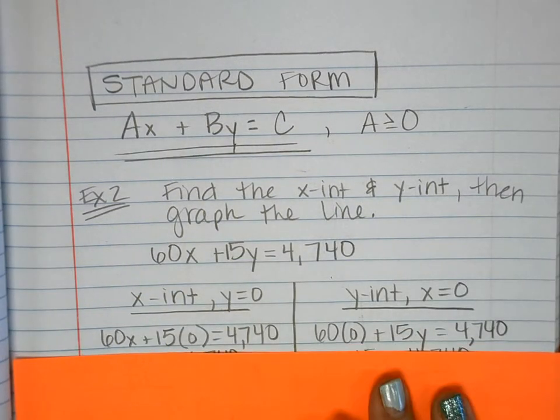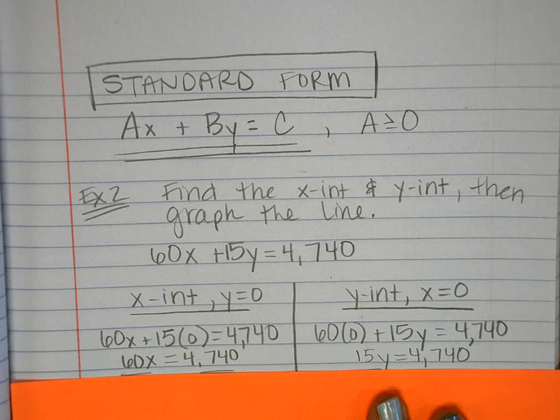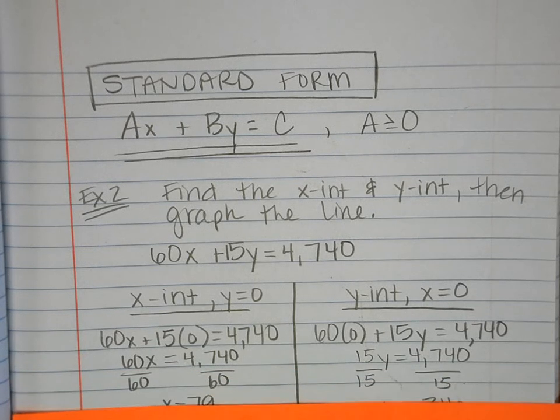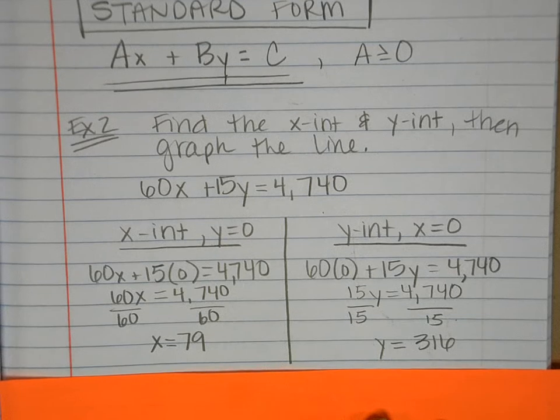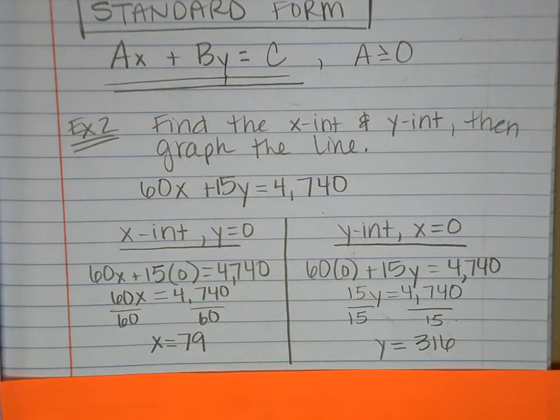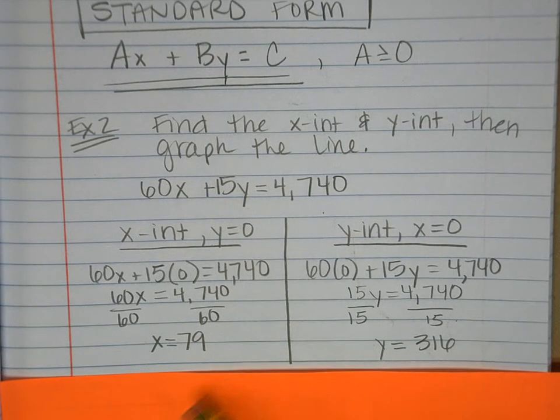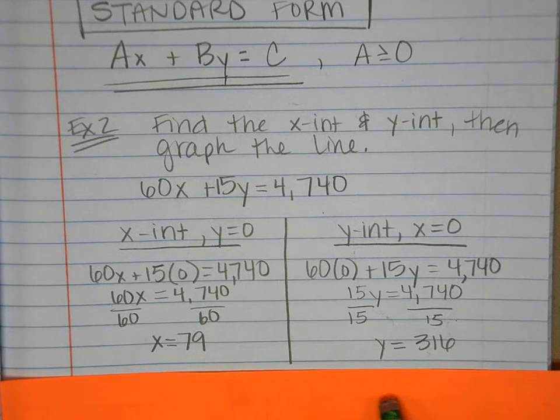That's all we're doing. So when we divide each side, we should get our numbers. So we get x is 79 and y is 316, and those are our intercepts, okay?